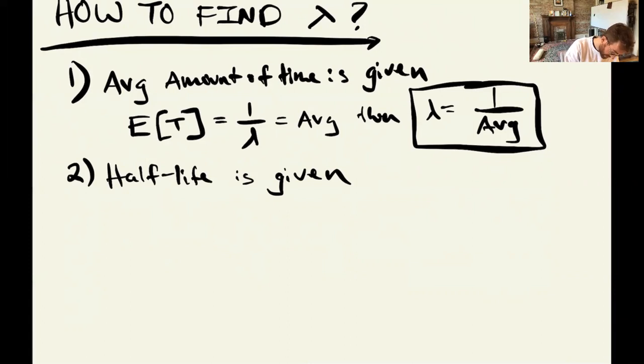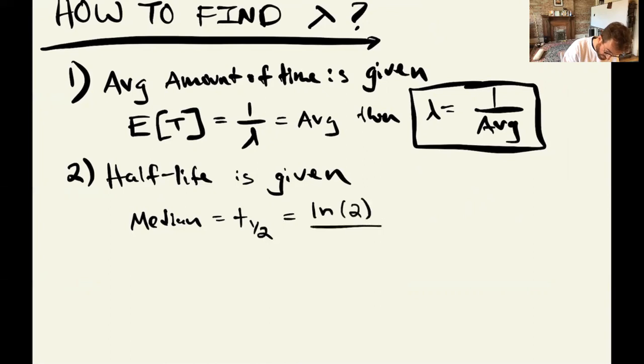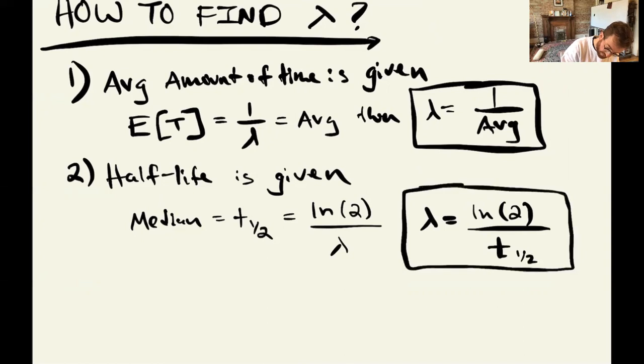Half-life is the same thing as the median, which sometimes people like to call T1 half. And the formula for T1 half as it relates to lambda is that it's the natural log of 2 divided by lambda. So in particular, if you know the half-life, then you can just solve for lambda by saying take the natural log of 2 and divide by whatever this half-life time, T1 half, is.